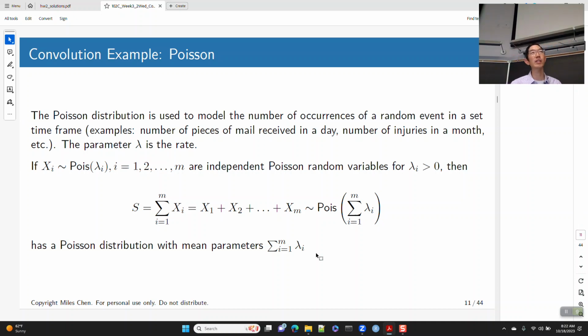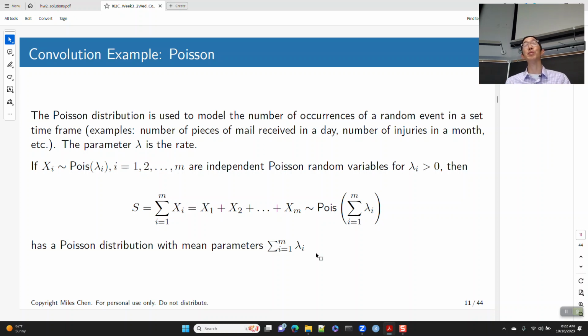So let's say at 6 a.m. you have a lambda rate of 20, then at 7 a.m. your lambda is 30, and then at 8 a.m. it's maybe 20 again. If you wanted to model 6 a.m. plus 7 a.m. plus 8 a.m., with these different lambdas, you can just add them up.